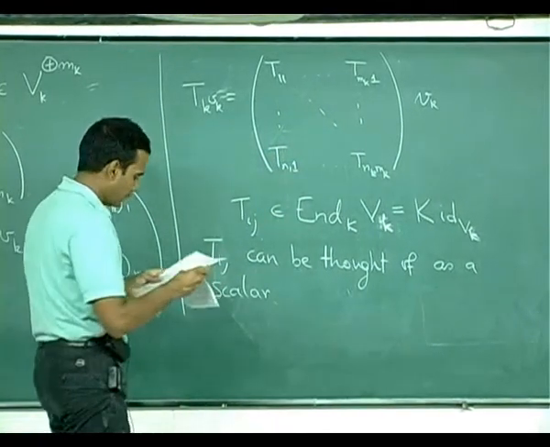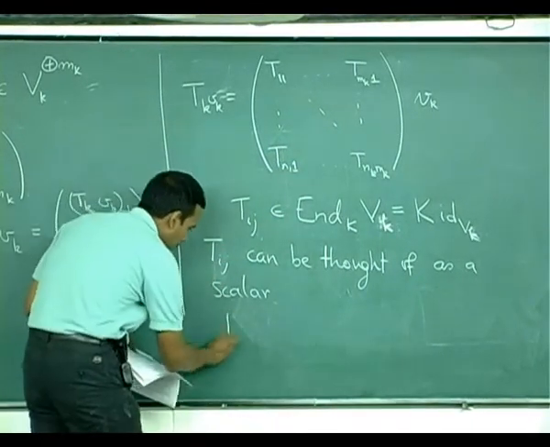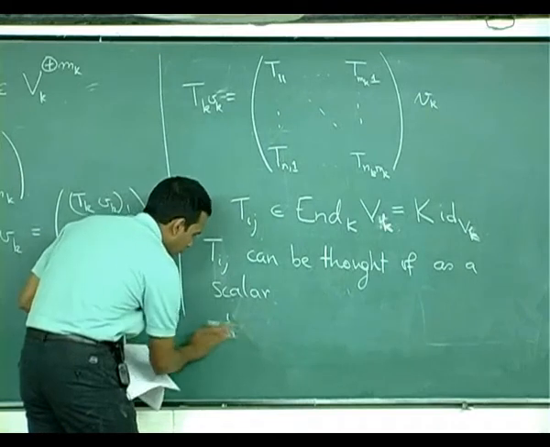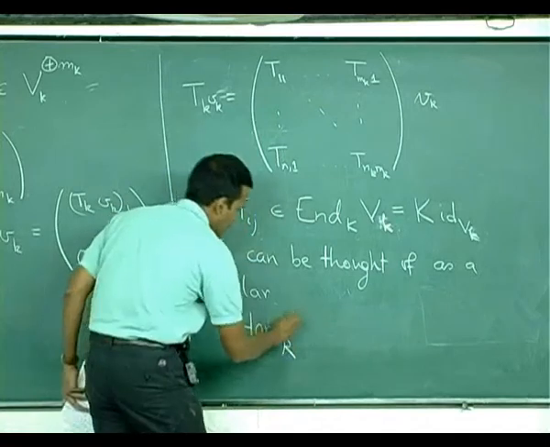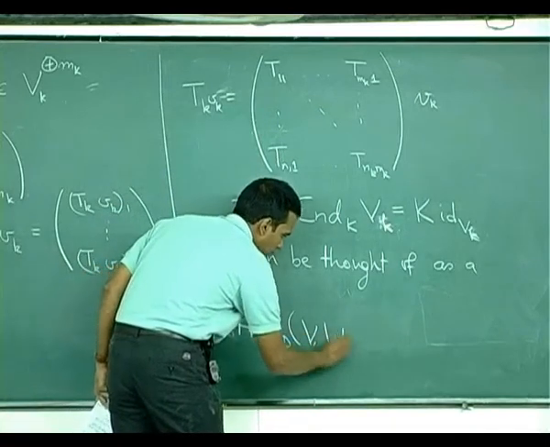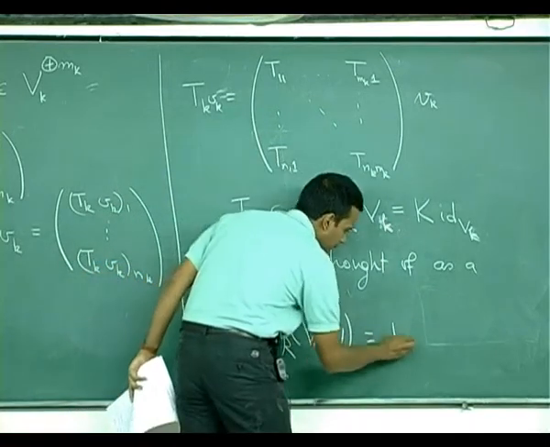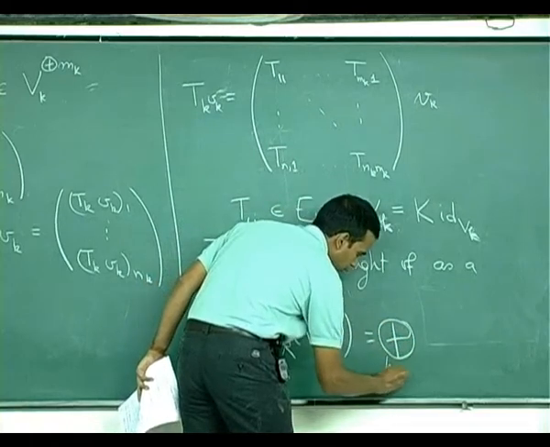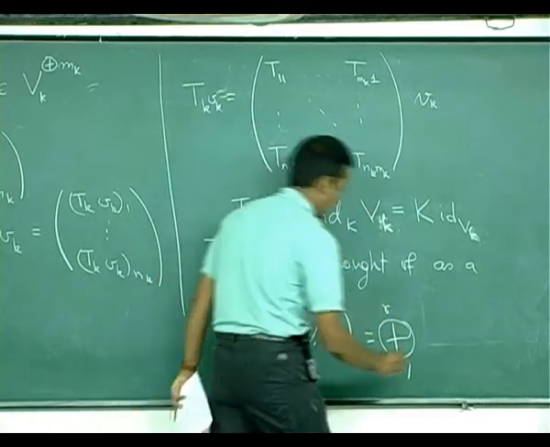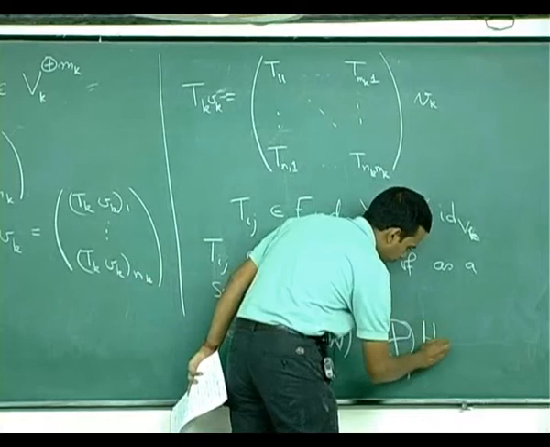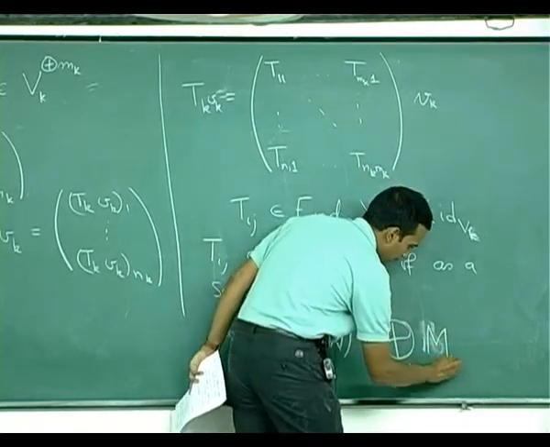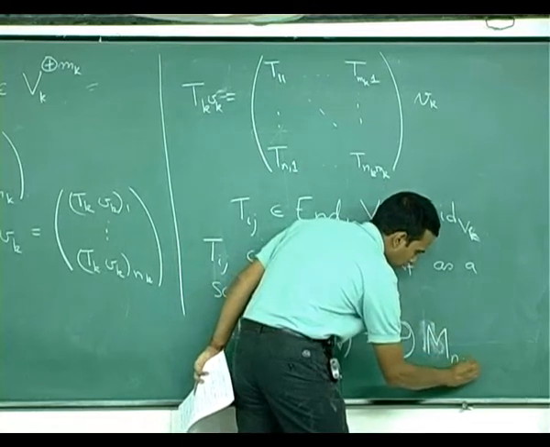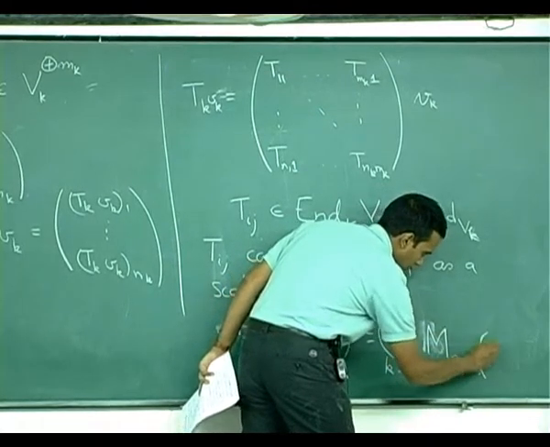So what do we get? We get that Hom_R(V, W) is a direct sum, k goes from 1 to R, of M_{nk by mk}(k).